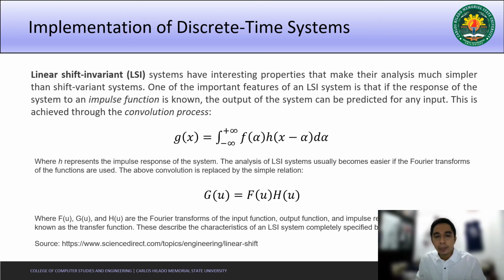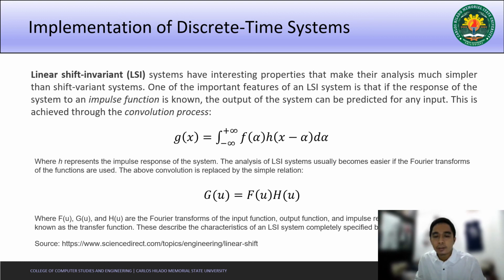So how do we implement discrete time systems? By using linear shift invariant systems. These are the properties, because after this, it's going to be convolution also. In an LSI system, if the response of the system to an impulse function is known, the output of the system can be predicted for any input. This is achieved through the convolution process. This equation represents the impulse response of the system.